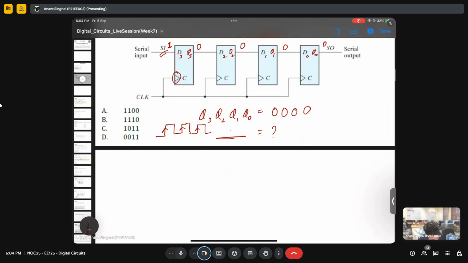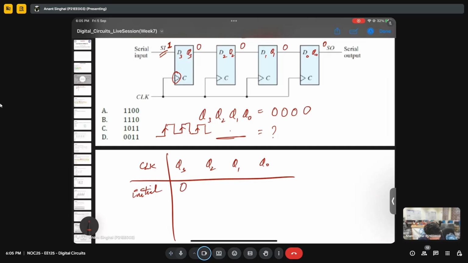So let's try to do it. Maybe that will make it more clear. Let's say I'm making a block for the clock, then Q3, Q2, Q1, Q0. Initially all the contents are 0. Now when the first clock cycle is applied, we know that for a D flip flop, what is Qn plus 1?